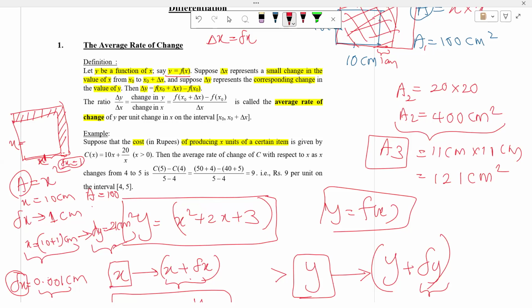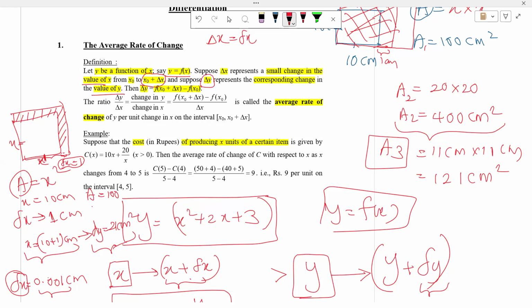If you increase by 1 centimeter, delta x is a small change in your value x from x naught to x naught plus delta x. So from 10 to 11, in the initial stage 10 centimeter, then you increase by 1 centimeter, so 10 centimeter to 11 centimeter, right? From x naught to x naught plus delta x. At that time, suppose delta y is the corresponding change of value y.